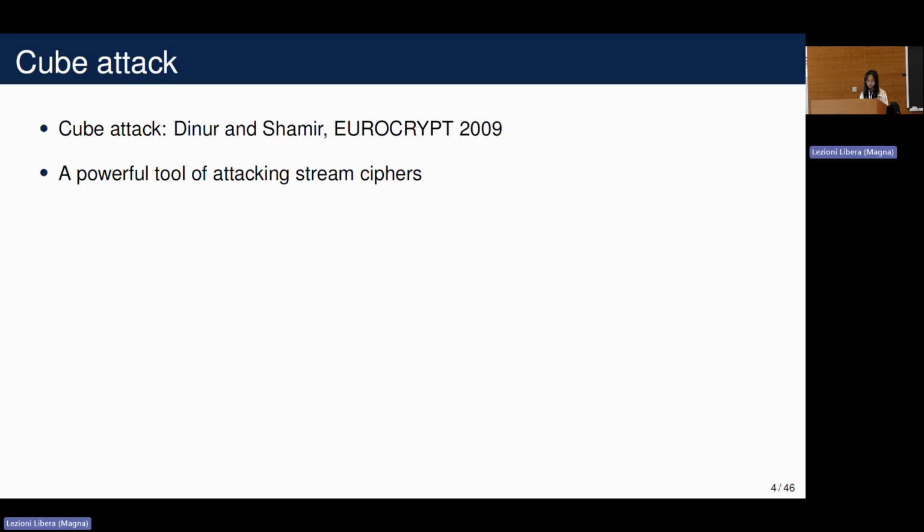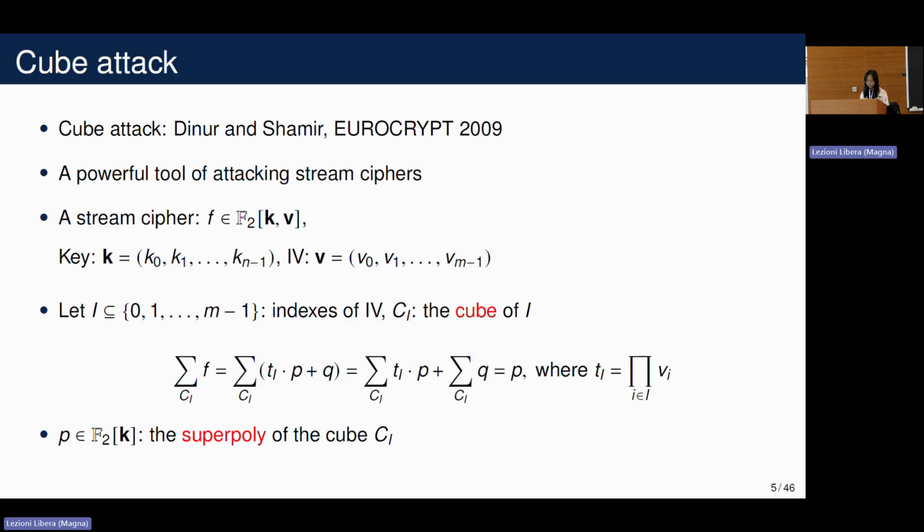Cube attack is one of the most powerful tools for attacking stream ciphers. We can sum up the Boolean polynomials over the cube Ci to obtain the polynomial P, which is called the superpoly of the cube. With this polynomial, we can do a cube attack.